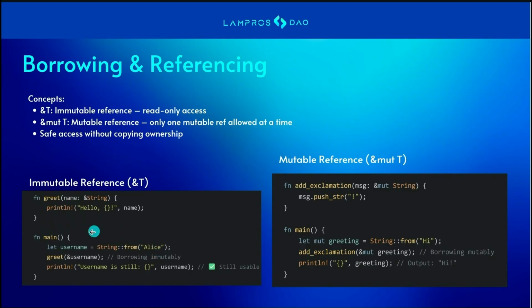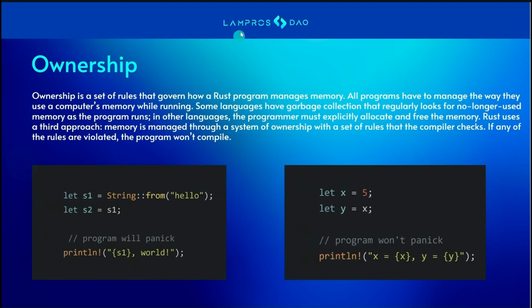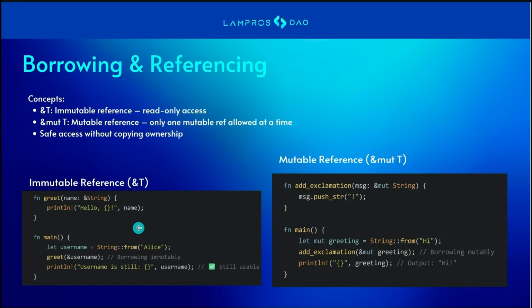Alias ownership is still with username. So if you try to print username, because username still has the ownership of alias, it will be usable because we have used the ampersand. Here we have not used the ampersand, so s1 won't hold the value hello, but that is not the case here. Getting it?